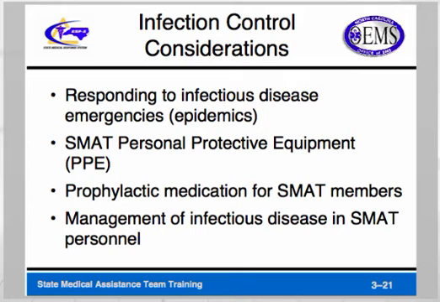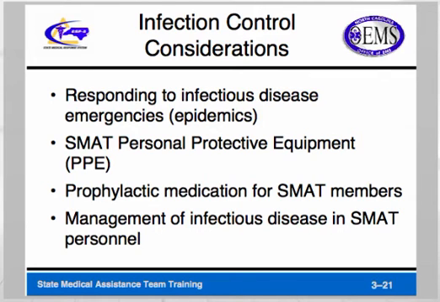Infectious disease risks that are present in routine clinical care settings are also present in field situations. The special circumstances associated with each SMAT deployment may contribute additional risks related to infection control. SMAT operations related to communicable disease emergencies, such as pandemic influenza or cholera, may pose additional infection control challenges to SMAT deployments.